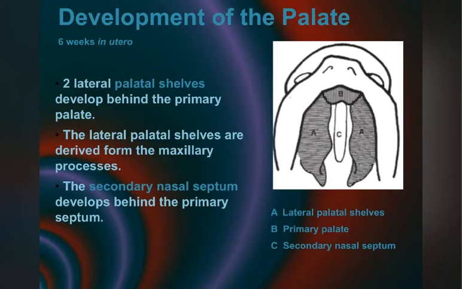The secondary nasal septum develops behind the primary septum. So we have here secondary nasal septum separating the two parts of the nasal cavity. This is posterior to the primary nasal septum, which separates the anterior parts of the nasal cavities, the right from the left nasal cavity.